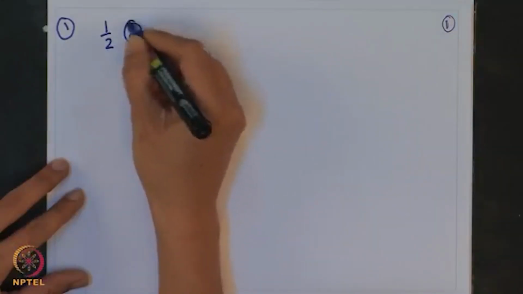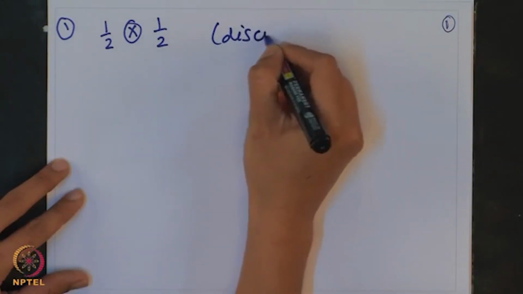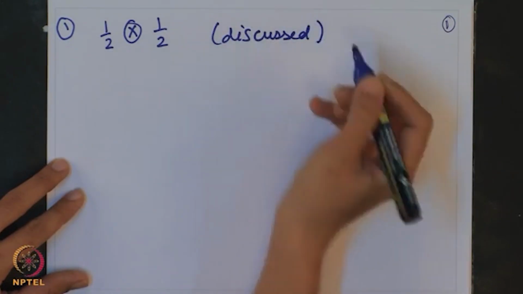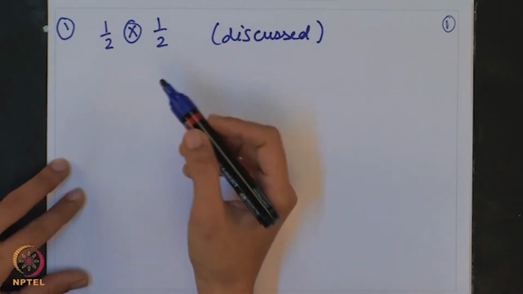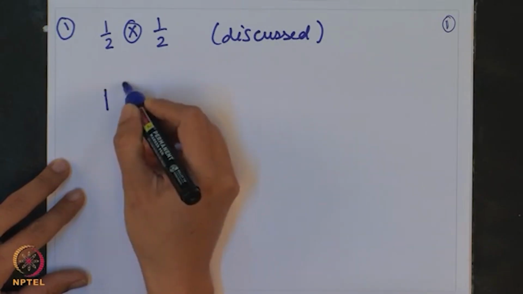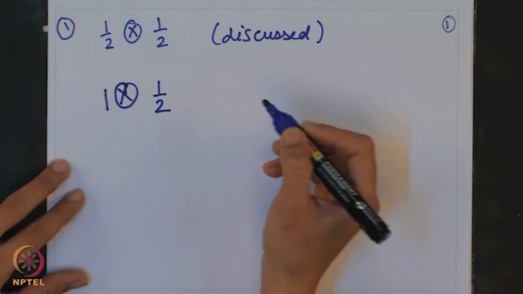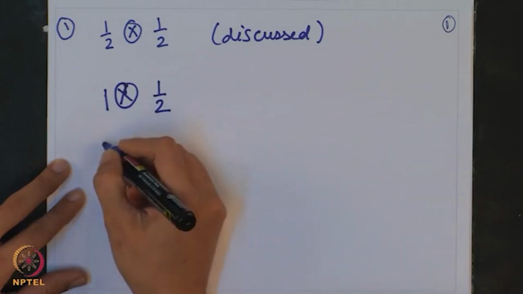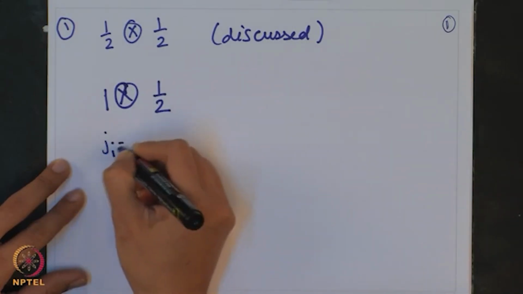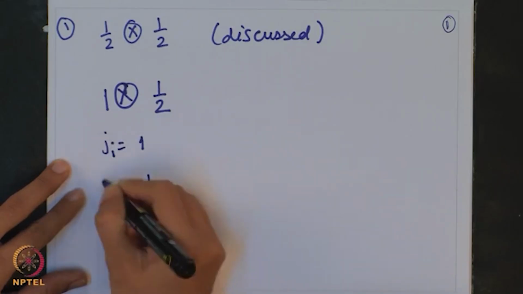This was discussed in the class, and on similar lines you can calculate the first problem, that is 1 cross half, when J1 is equal to 1 and J2 is equal to half.